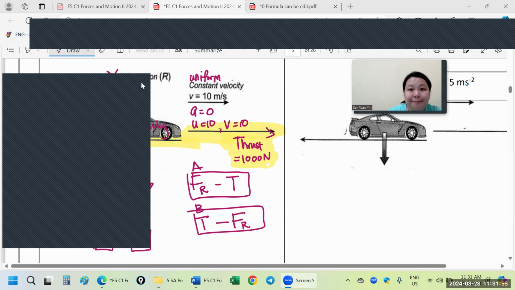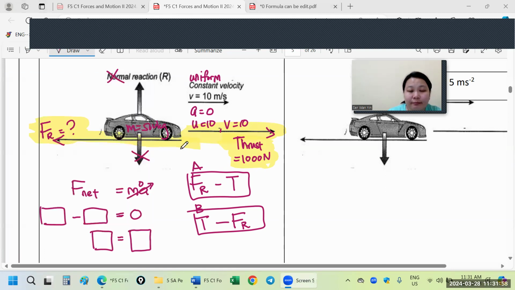Yeah, correct. Actually it's thrust minus Fr. Understand? Look at the direction of motion. We always use the force in the direction of motion minus the back one.